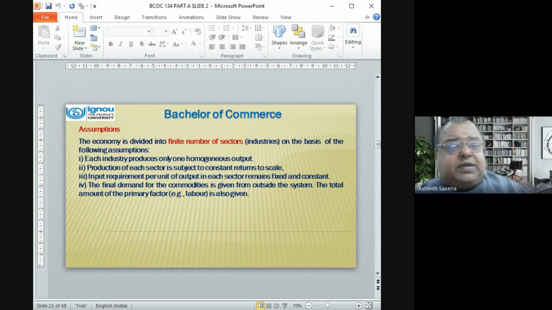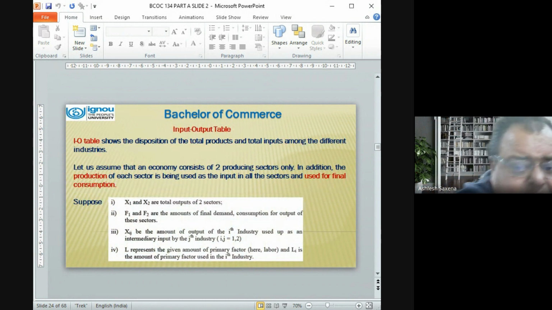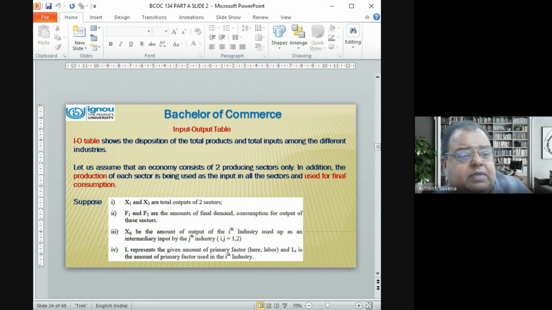Now we will see how this is obtained. The IO table shows the disposition of the total products and total inputs among the different industries. Let us assume that our economy consists of two producing sectors only. In addition, the production of each sector is used as input to all other sectors and used for final consumption.